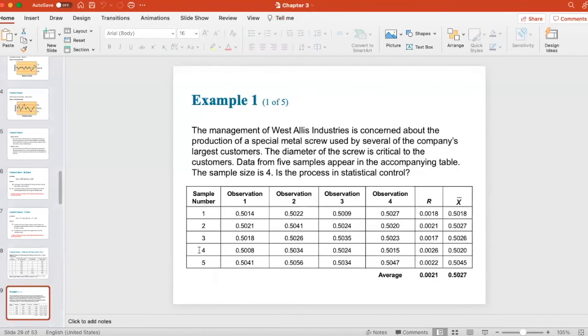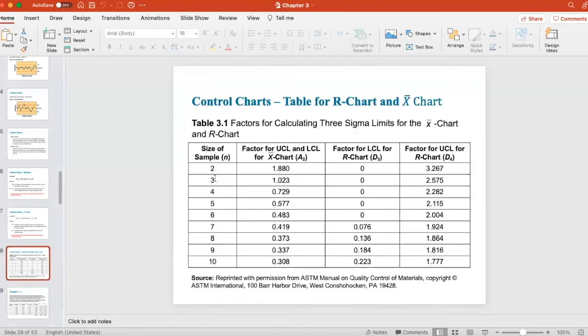But some students incorrectly interpret it as the number of samples and say, we have 5 different samples. No, this is not what we are talking about. N represents the number of products within every sample, so keep that in mind. That's why N should equal 4 in this specific example, and the corresponding A2, D3 and D4 can be easily obtained.